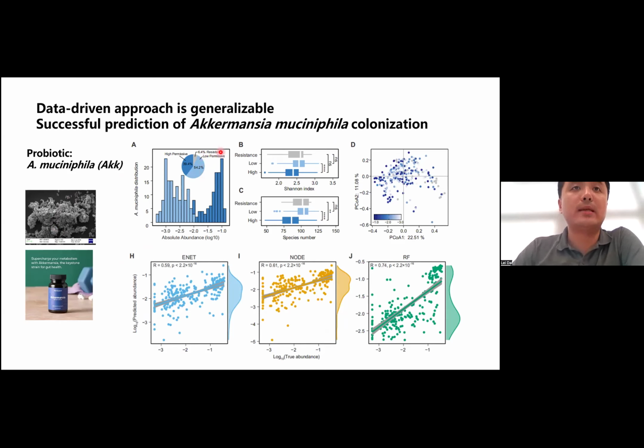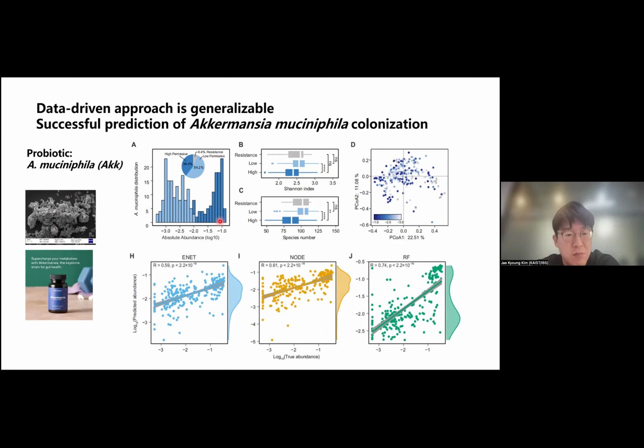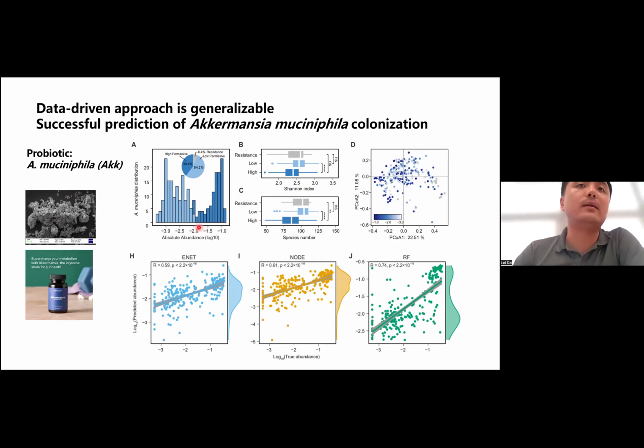Only 6% are resistant, right? But for the communities that AKK can colonize, there's a bimodal colonization. Some are very permissive, so AKK can reach abundance of about 10%, but some are less permissive, so it's 1 in 1,000. So there are high or low permissive groups.